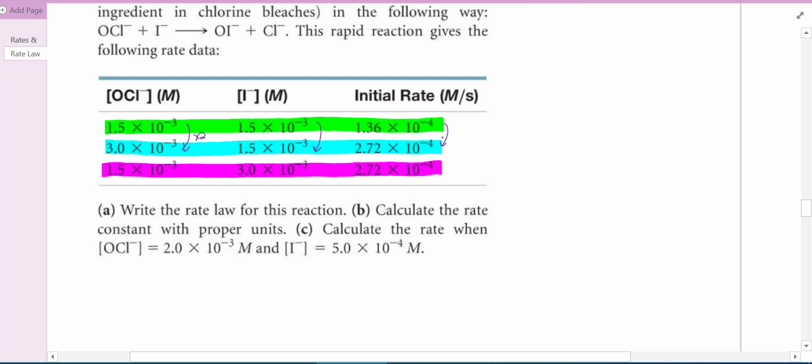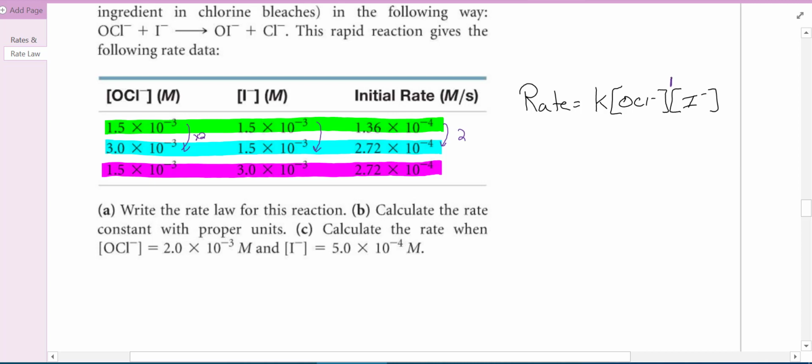You take 2.72 and divide it by 1.36, which happens to be 2. So if I double the concentration of OCl minus, hypochlorite, I double my rate. If we go to the rate law, rate equals k times the concentration of OCl minus times the concentration of I minus. I now know that the exponent of hypochlorite is 1.